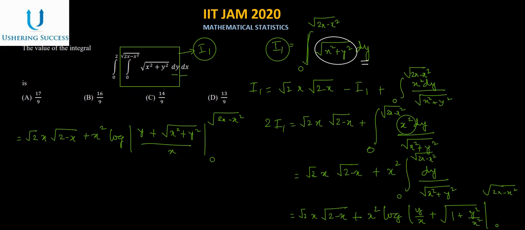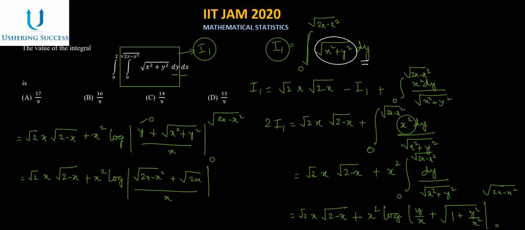So this is equal to root 2 x root over 2 minus x plus x square log of, when y is root over 2x minus x square, then this becomes root over 2x minus x square plus root over 2x over x, minus log of, when y is 0, then this becomes 0 and this y becomes 0.